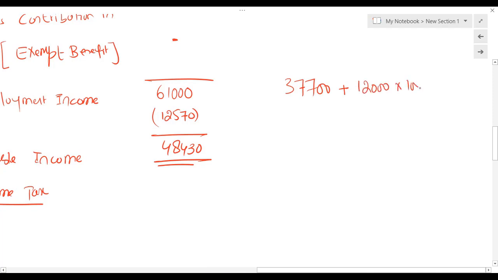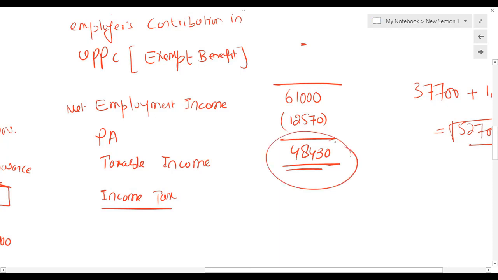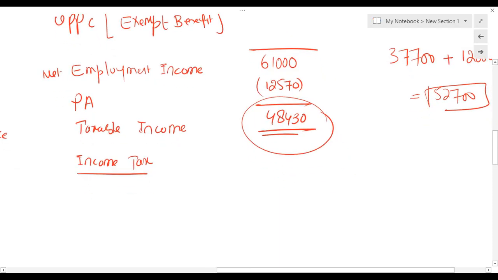Net is 12,100, upon 80, that becomes 15,000. So which means that the basic rate band limit is now 52,700. We have taxable income of only 48,430. So obviously the entire income falls in the basic rate band.